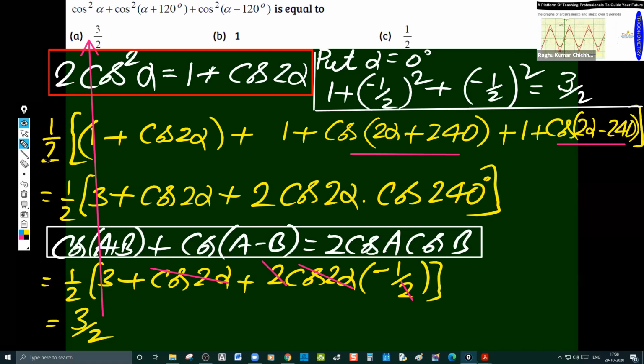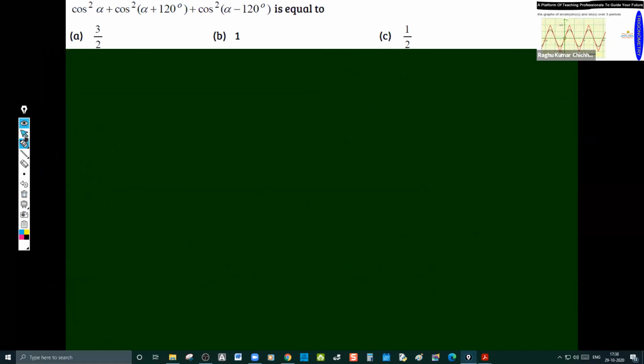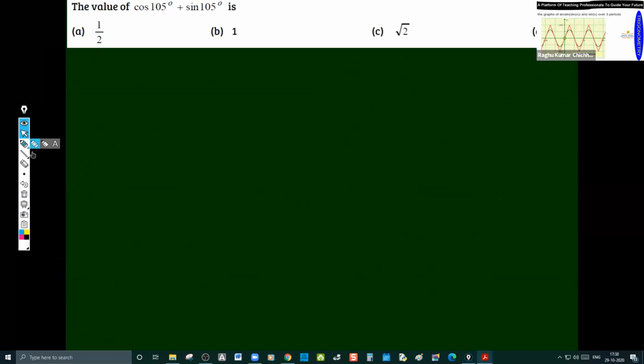Yeah, I'm erasing this. Coming to this, it is also a simple problem, cos of 105 degrees. Cos of 105 degrees, you can write it as 75 plus 30, or 45 plus 60. But it is better you remember those values. I gave you a table also for that.